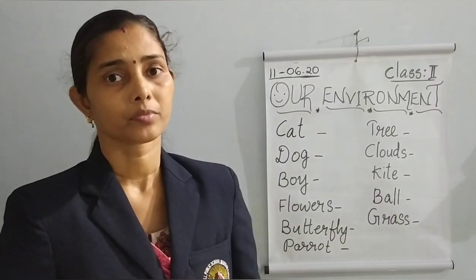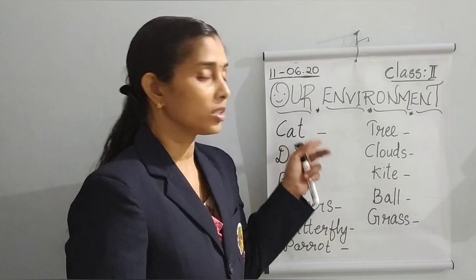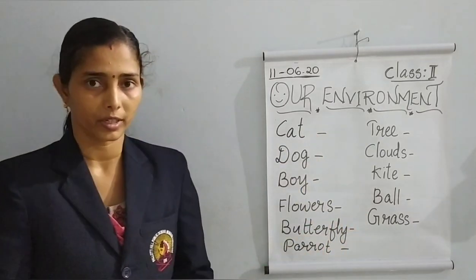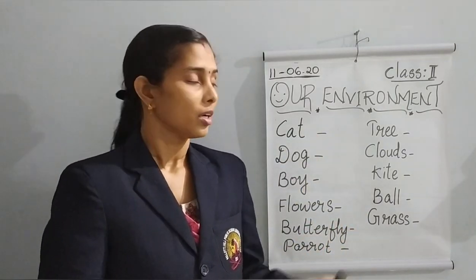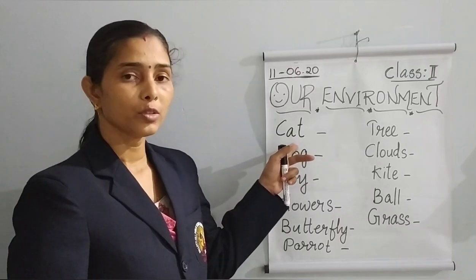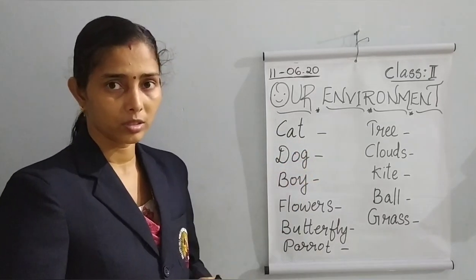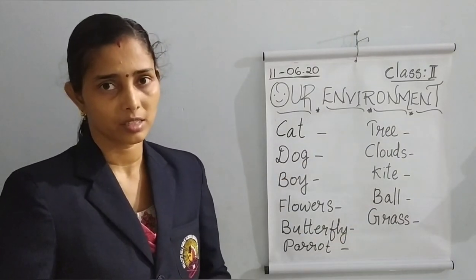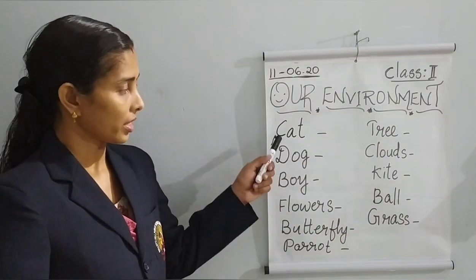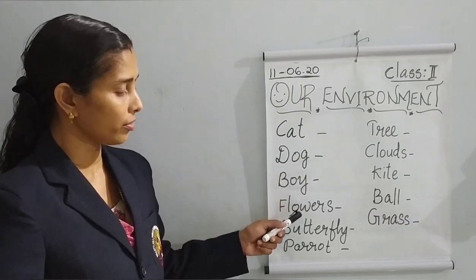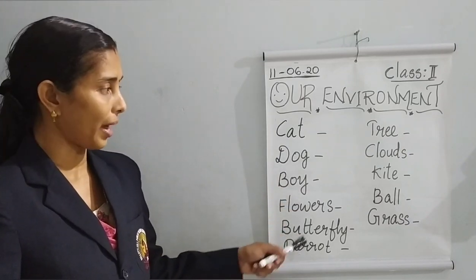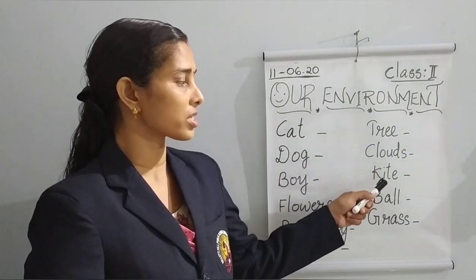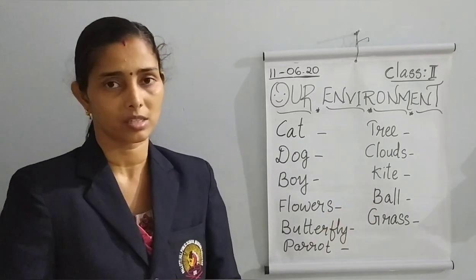Listen, children. I wrote all the names on the board. You want to find out whether these things have any difference between them. Cat, dog, boy, flowers, butterfly, parrot, tree, clouds, kite, ball, grass.